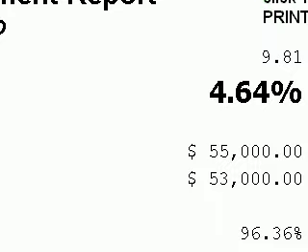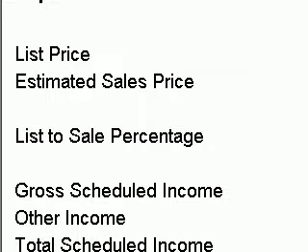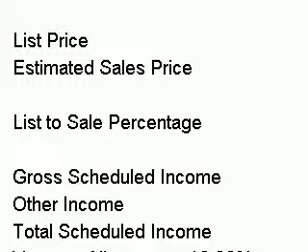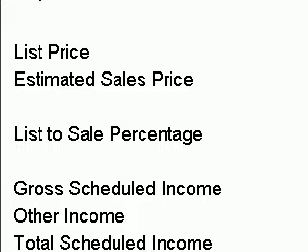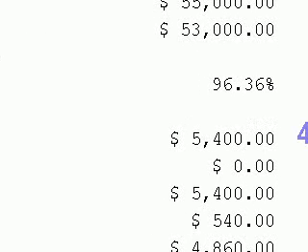The calculator does return some of the information we put in, such as list price, estimated sales price. You'll see 55 and 53 grand. The list to sale percentage is the next one. So basically, how much did we have to pay in comparison to the list price? In this example, it's 96%, so we got a little bit of a discount.